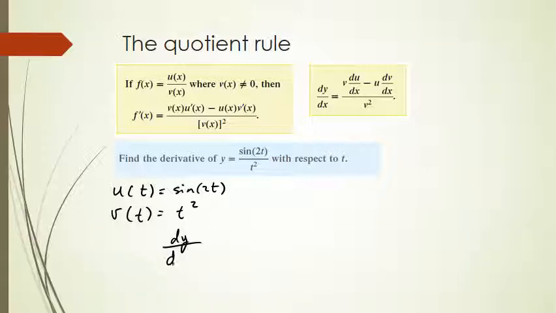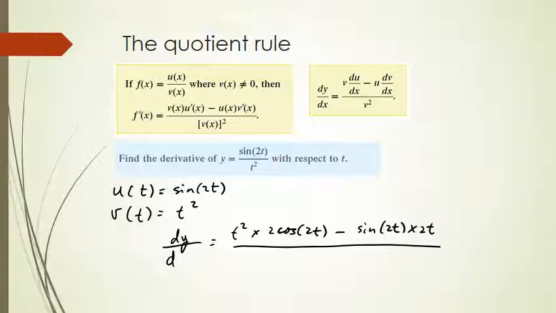So then let's follow it. dy/dx is equal to v, which is t squared, times du/dx. So that's 2 cos 2t, minus u, which is sine 2t, times dv/dx, which is 2t, or in this case, dv/dt.